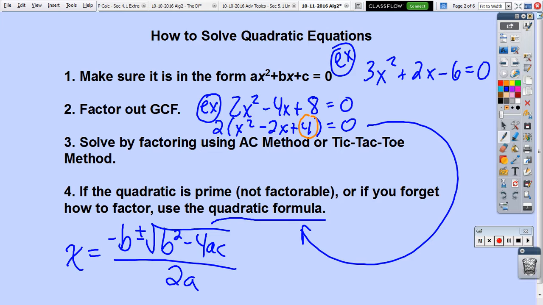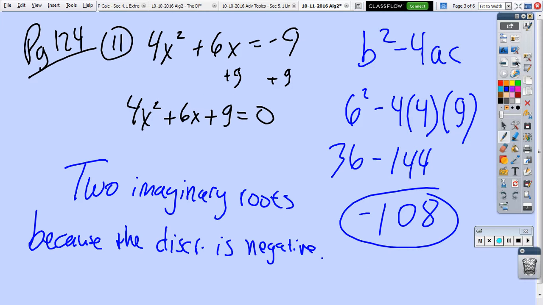Okay, so quadratic formula. So questions from the homework. This was one of the questions, for those of you that wanted to take a look at it, number 11. So for number 11, it said to find the discriminant.